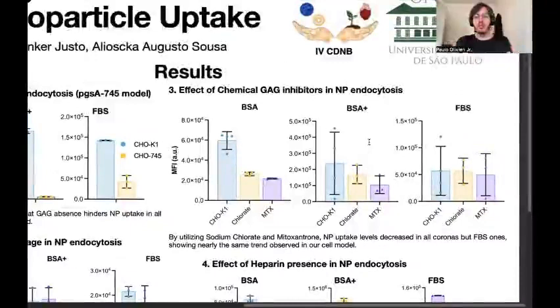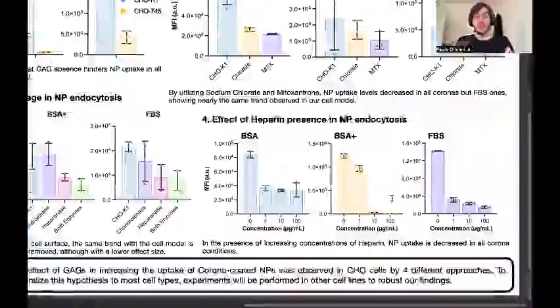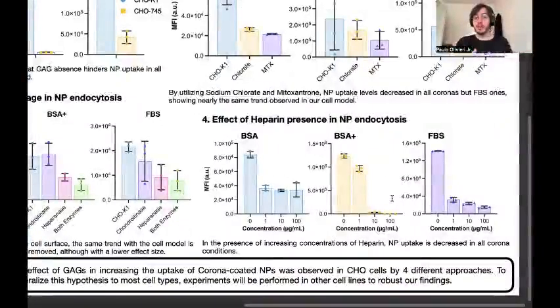Third, we made use of chemical inhibitors to decrease the GAG expression. One of them being sodium chlorate, another being a pharmacological inhibitor called mitoxantrone. And again, we see a decrease in uptake, only this time with the BSA and the BSA+. Lastly, we tried to observe the effect of heparin presence in the nanoparticle endocytosis.